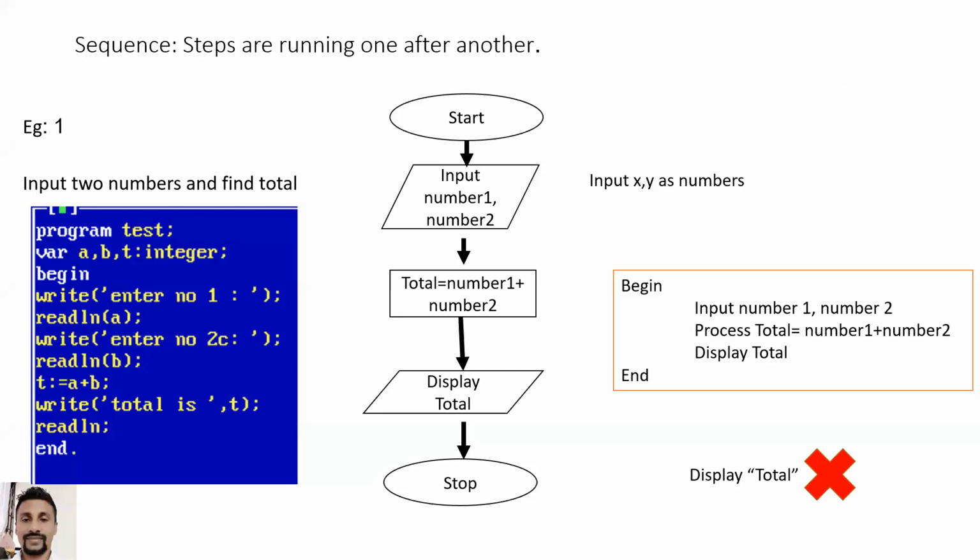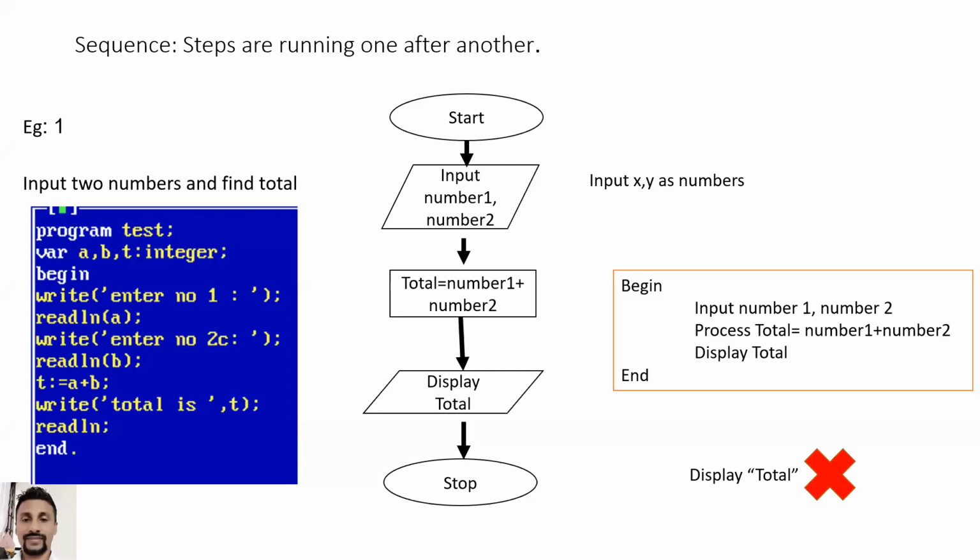Now start symbol, input number one, number two. You can take input x, y, it doesn't matter, but the person reading this flowchart or pseudocode should have an idea that we are inputting numbers.